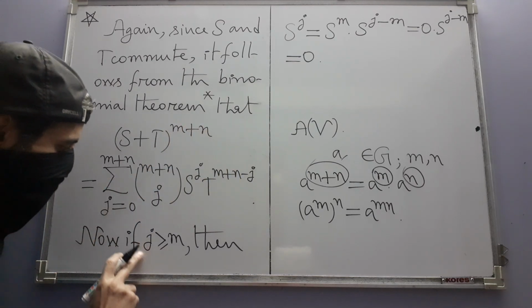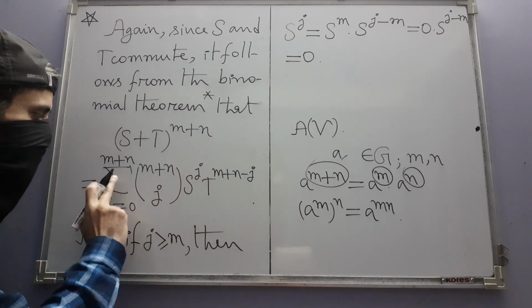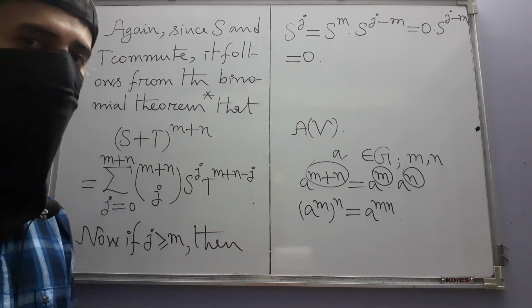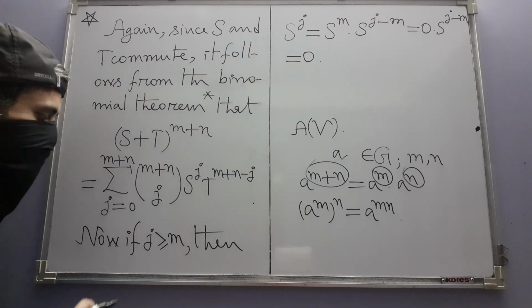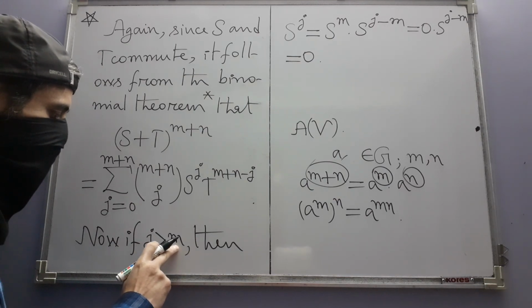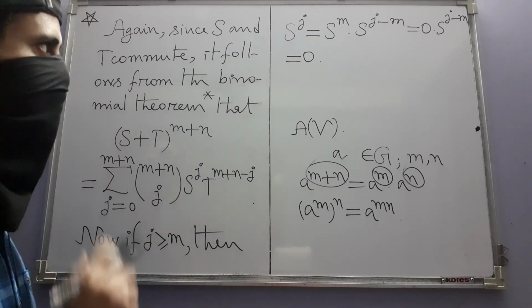So for these values of j, the corresponding terms in this sum will vanish. They will just be the 0 operator. However, what about those values of j that are less than m? What will happen to those terms?